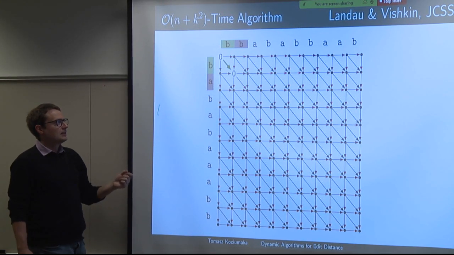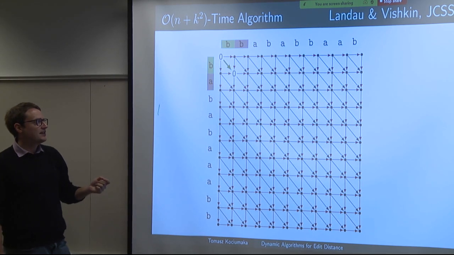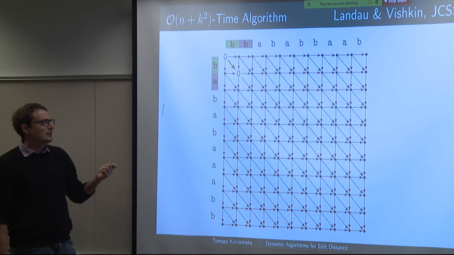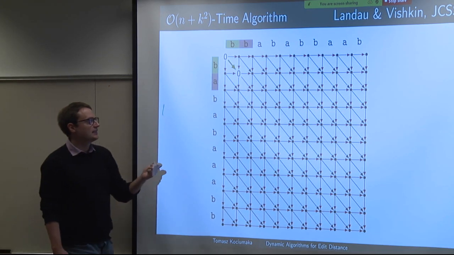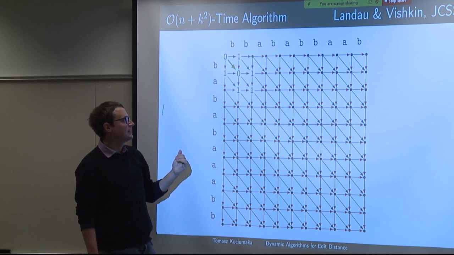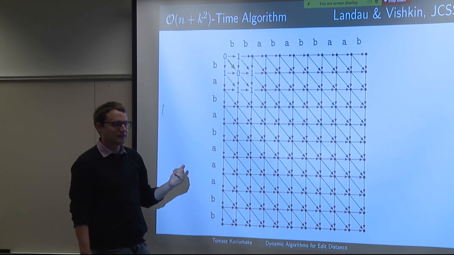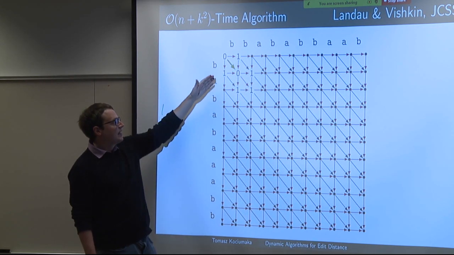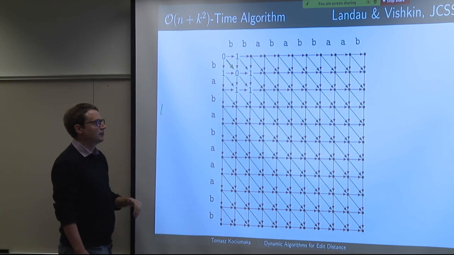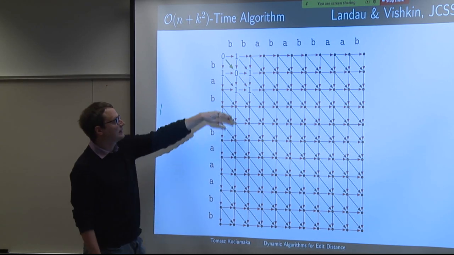And now, let's understand how to get a vertex at distance 1 from the source. Obviously, if you start from a vertex of distance 0 and you follow any of the red edges, you will get a vertex of distance 1. And then you can have more vertices at distance 1 by following the free edges. So for this, we look at all the diagonals.